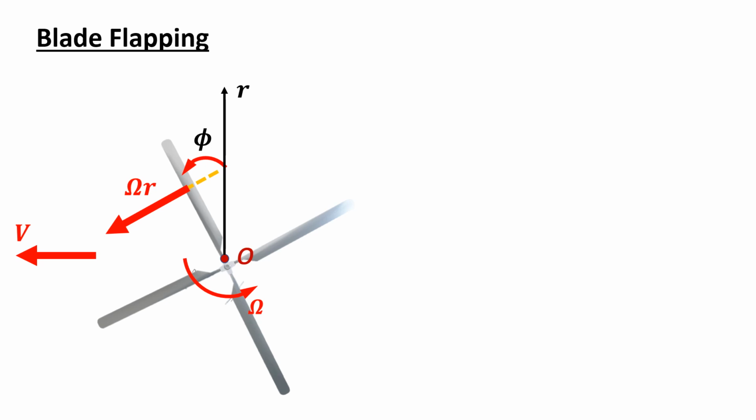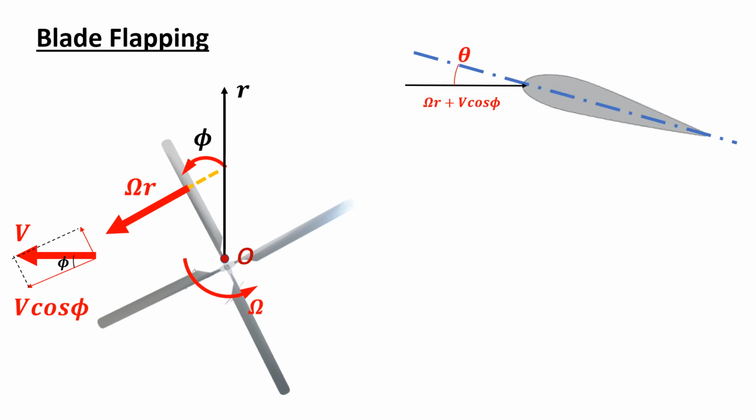And since we want to know the total velocity, we need to decompose the flight velocity into two components. We make use of the component which is parallel with the rotational speed, and it's v times cosine phi.